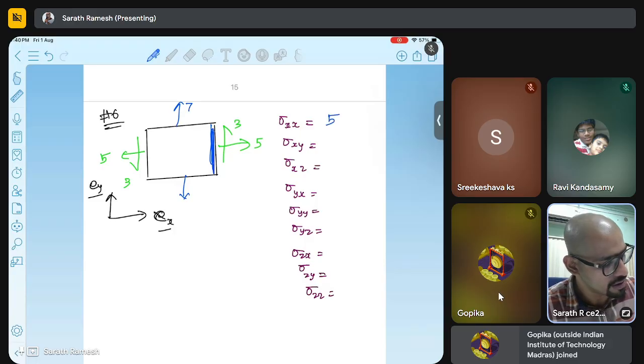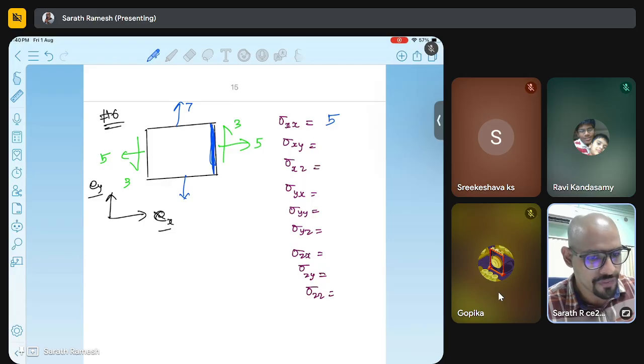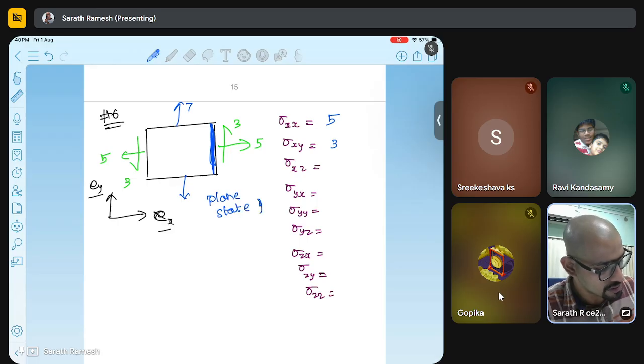This is 5. And sigma xy means x plane along y direction. This is 3. And what is sigma xz here? There's no xz. It's a plane state of stress, so sigma xz is 0.